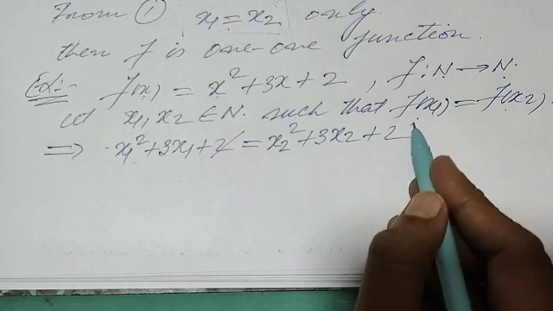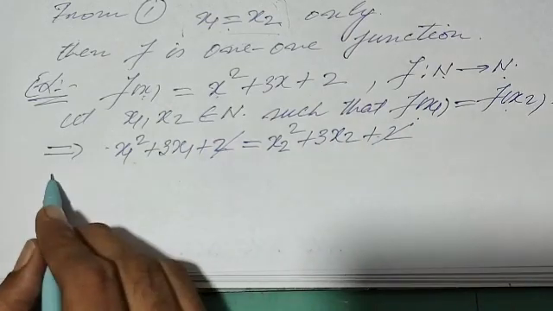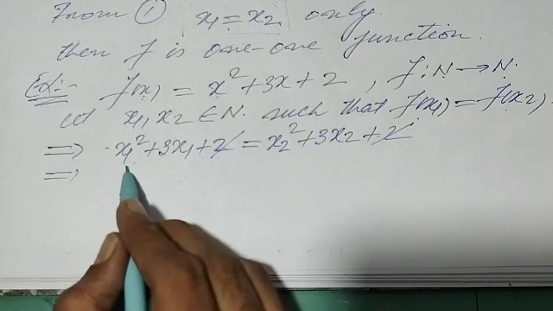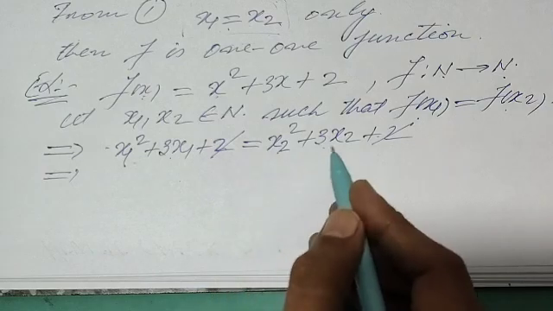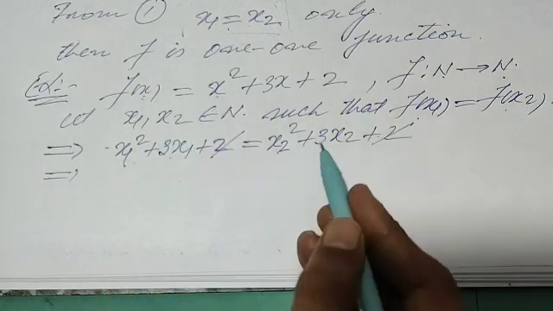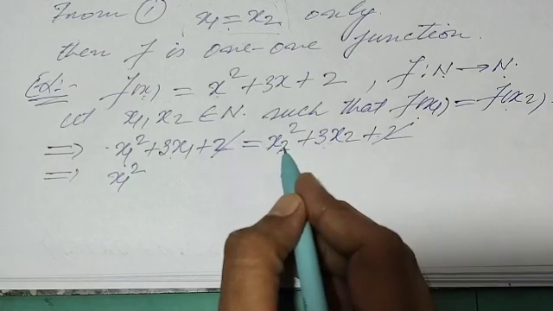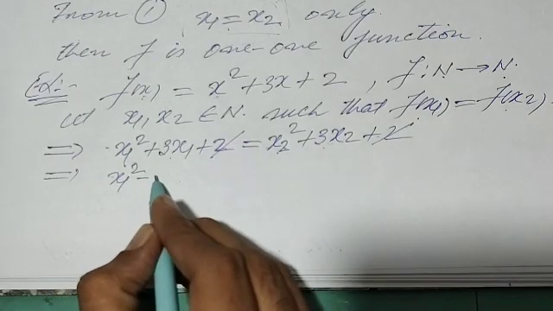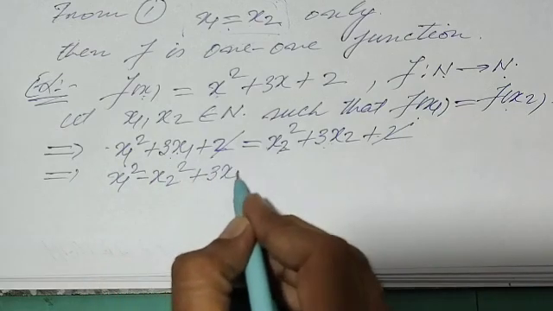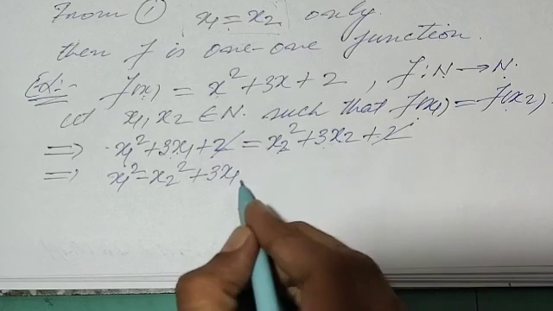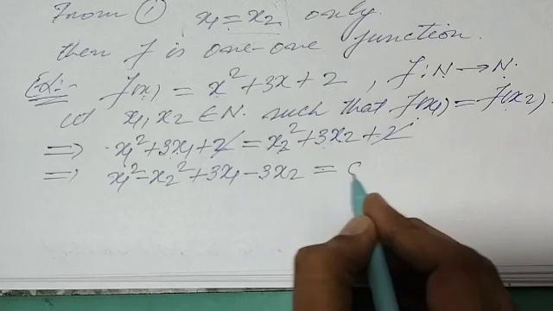Obviously, these twos on the opposite sides of the equality having the same signs cancel each other, and we are left with only x1 squared plus 3x1 is equal to x2 squared plus 3x2. Then we transpose these terms to the left hand side as well. So we write x1 squared minus x2 squared plus 3x1 minus 3x2, and on the right hand side we get 0.